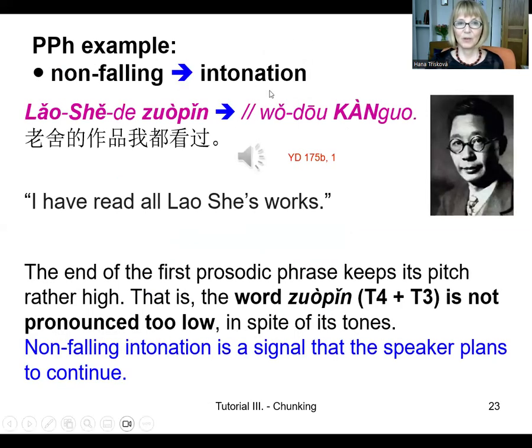And this is an example of a non-falling intonation contour. 老舍的作品我都看过。 You could hear that the end of the first prosodic phrase keeps rather high. As a result, the word 作品, which has the fourth tone and the third tone, is not pronounced too low, in spite of its tones.